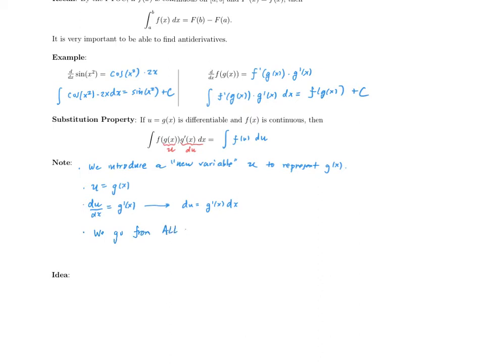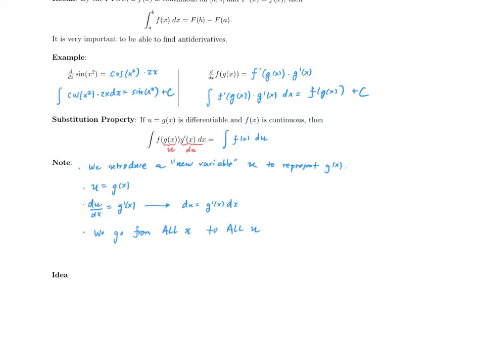So there's no middle ground. The independent variable that you have, x or u, is the only variable present. So all x to all u.